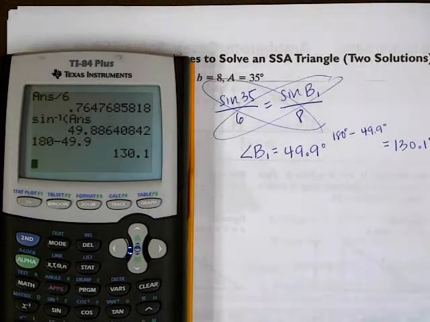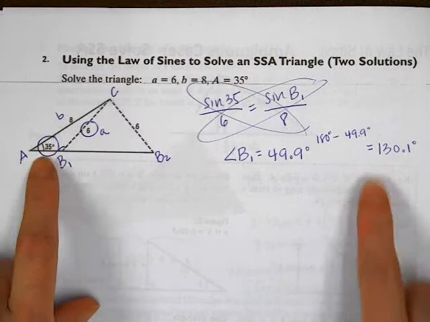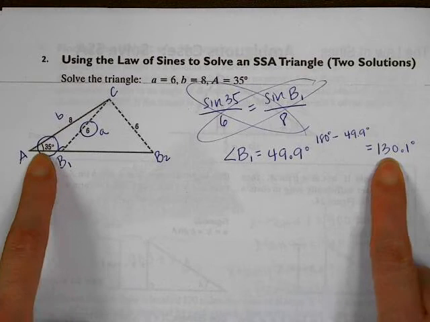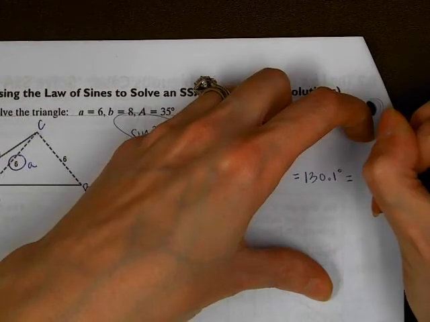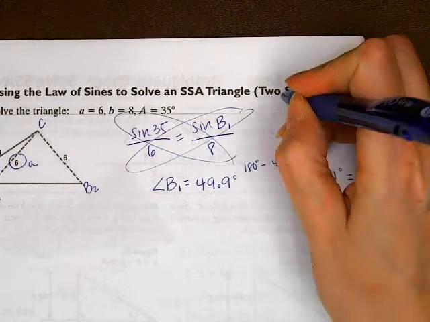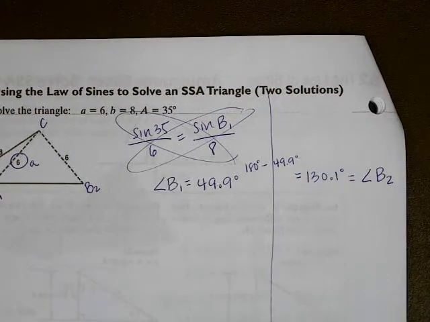Could that work as a possible second triangle? And you would say, okay, well, 130 plus 35 is still less than 180. So that's, yes, it could be. So that means that for our second triangle, this is going to be the measure of angle B2. And now we'll just kind of draw a line here, and we're going to be able to find everything for both triangles.